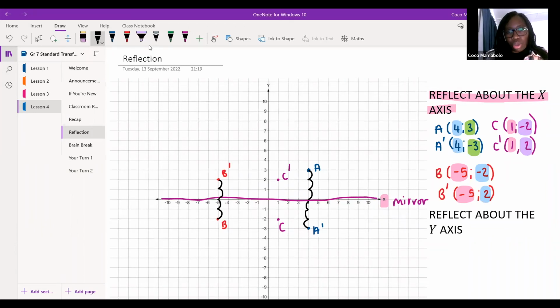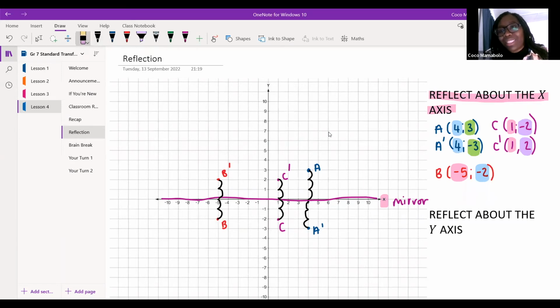All right, guys, so watch what's gonna happen to C. If I count from this side, C is 1, 2 units away from my mirror, and C prime, 1, 2 units away from my mirror. Okay, now this is what I want you guys to write down, because this is what we've noticed.